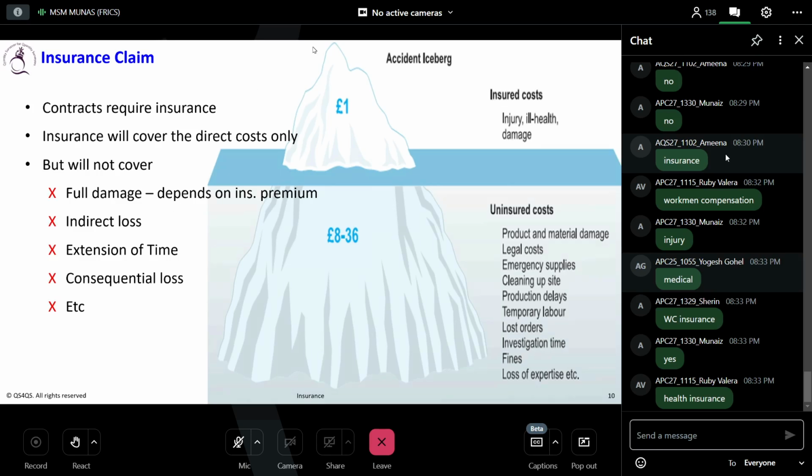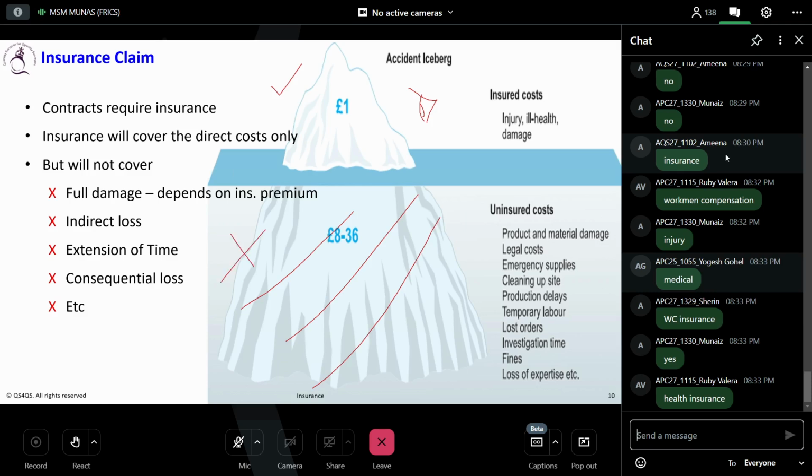So now look, it is called an iceberg. What is an iceberg? You see the small portion of this iceberg, isn't it, which is visible to your eye. A small percentage of the work you are seeing here. Now what about the big area? Can you see it? You can't see it because it is below the water. That's called an iceberg. Now what can insurance cover? This part, not this one. Now let us understand the incident.